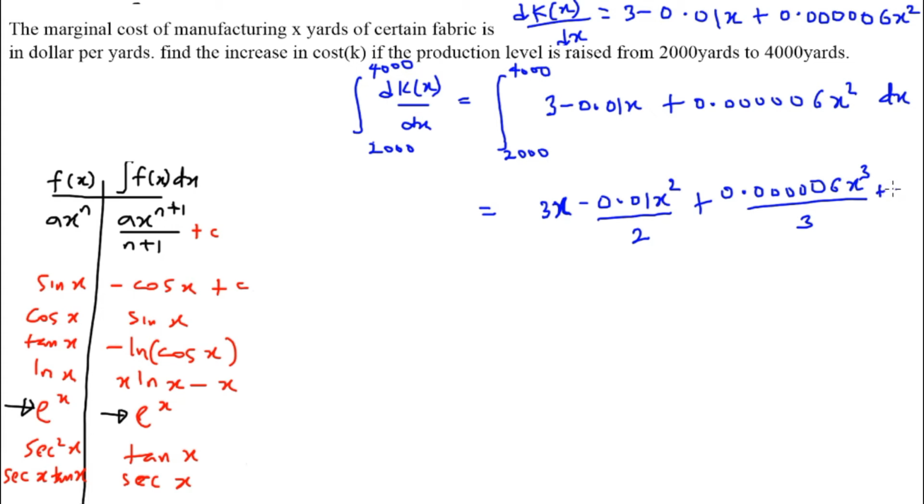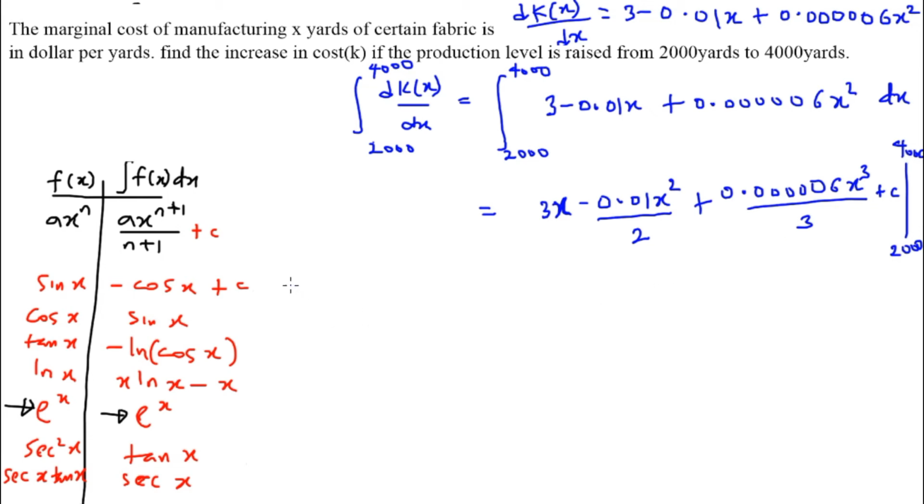And it is happening from 2000 to 4,000. Anytime you integrate a definite integral, the first thing is you integrate first, then you put a boundary showing that it will range from 2000 to 4,000.